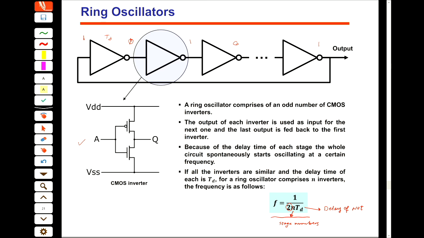So we have N TD delay for the signal to propagate from this point to this point.